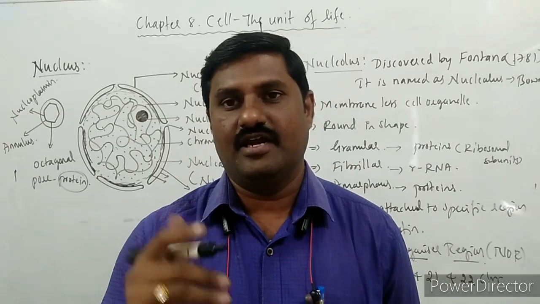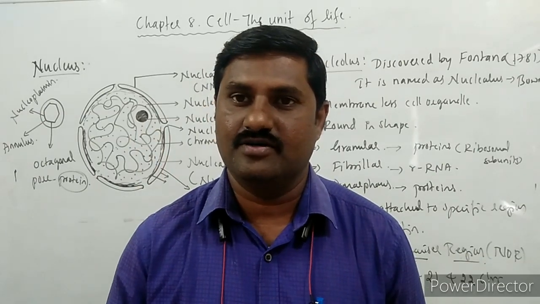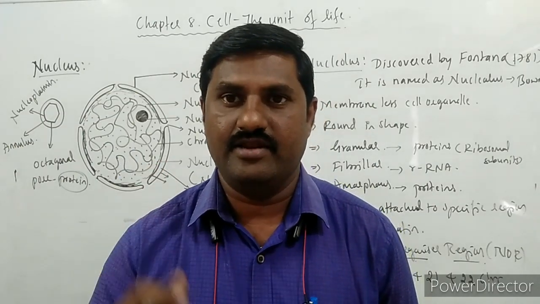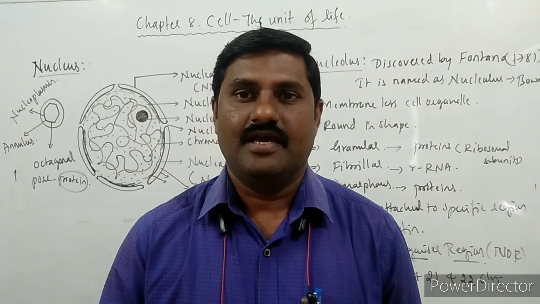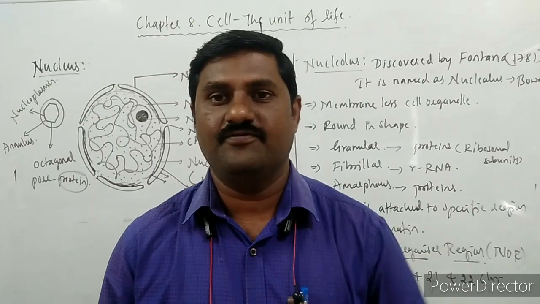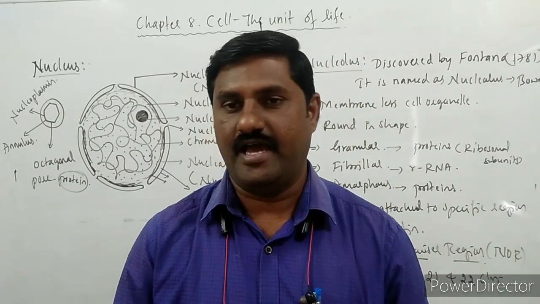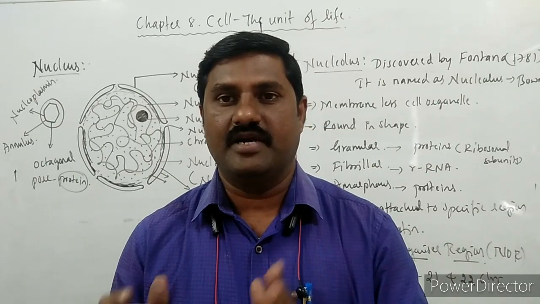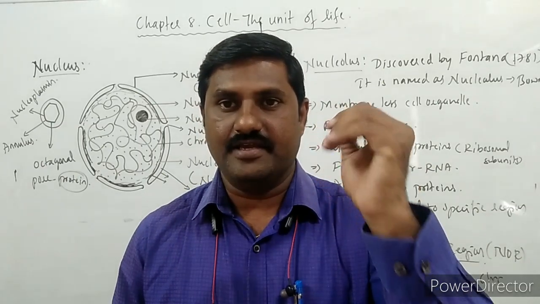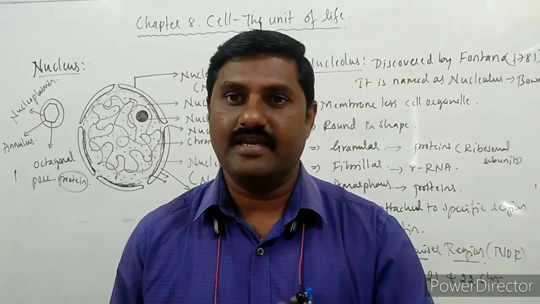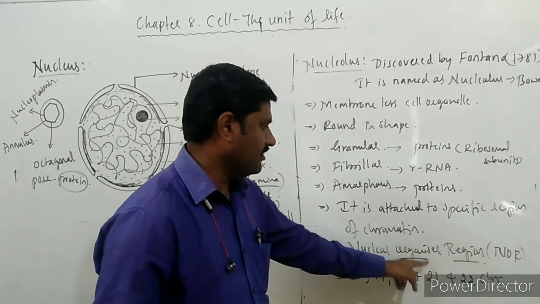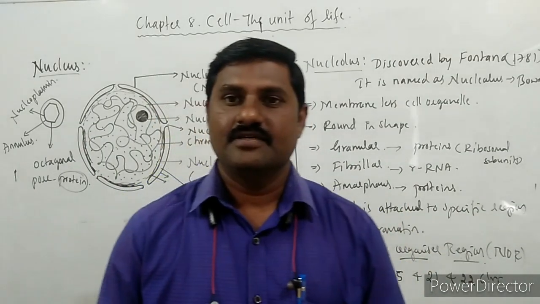There are 4 stages that we come across in nuclear division, or karyokinesis, as it is also called: prophase, metaphase, anaphase as well as telophase. In prophase it disappears and once again in telophase it reappears due to this nuclear organizer region itself, right?